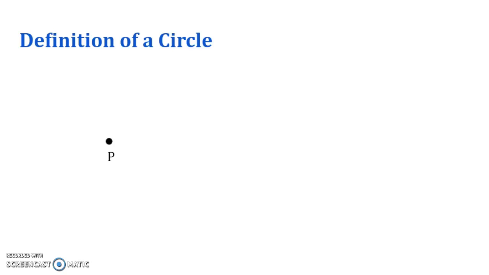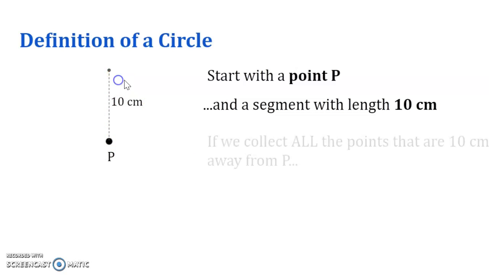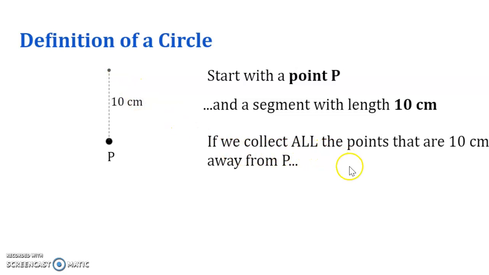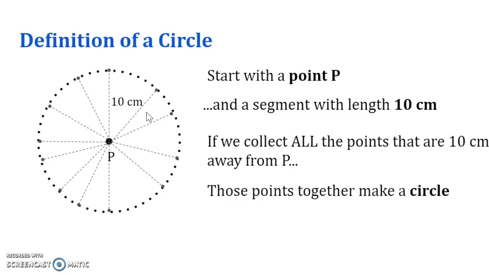What is a circle? Well, if you start with a point P and draw a segment with length 10 centimeters, and then we collect all the points that are 10 centimeters away from the point P in many different directions, you get a collection of points, and those points together make a circle.